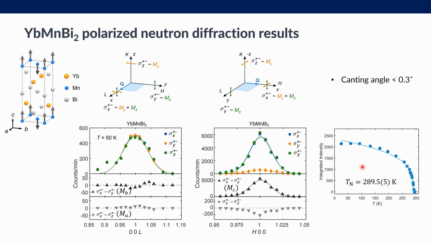All these are consistent with the unpolarized neutron scattering studies. The unique advantage of our polarized technique is that we can compare the integrated intensity of this Nb with the integrated intensity of this Nc. In this way, we can place an upper bound on the canting angle, which is less than 0.3 degrees, much smaller than the 10 degrees proposed by the ARPES work.